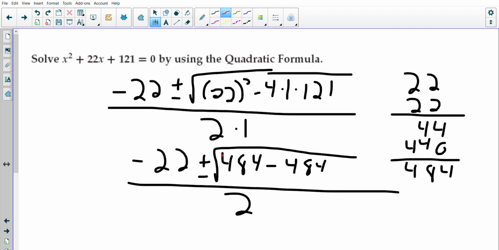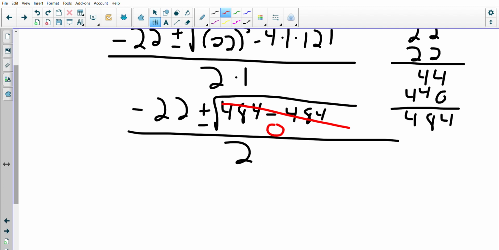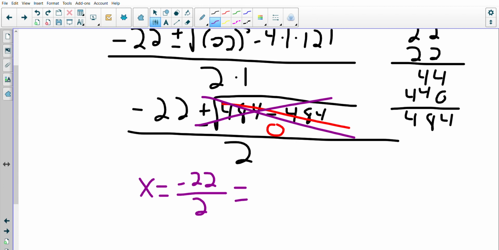Well, once again, we see this as 0. Now, if we recall, when the discriminant is 0, that means we're only going to have one real solution. So this whole part, the plus minus the square root of 0, just goes away because the square root of 0 is 0. And so then it's just 22 over 2, which gives us x must be equal to 11. So we have one real solution.